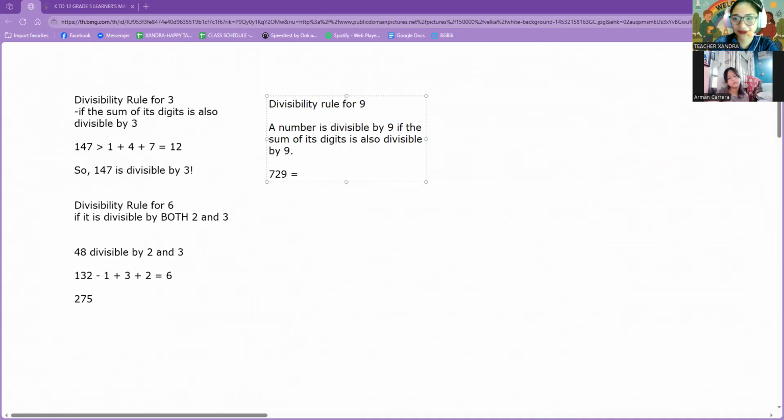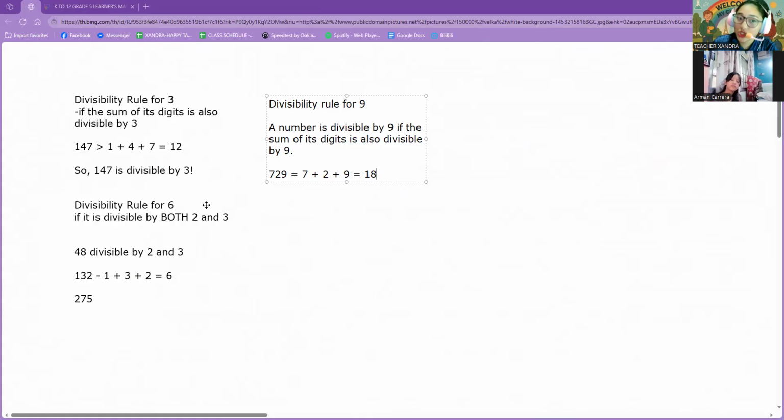What is the sum? 18. 7 plus 2 is 9, plus 9 is 18.